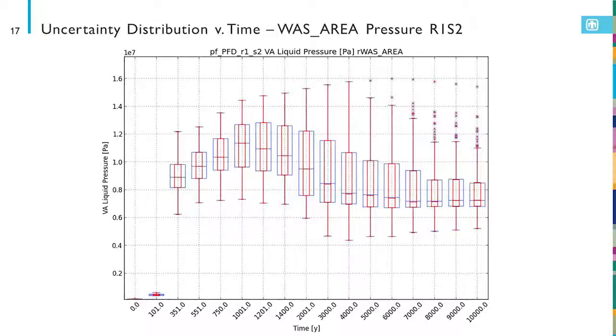The red boxes are PFLOTRAN, the blue boxes are Bragg flow. They're plotted a little bit wider so that you can see both at once. So we have the 25th percentile, the 75th percentile, and the median, and they all fall just about on top of each other. And even out here with the outliers, X's are Bragg flow, pluses are PFLOTRAN, and again, they're all falling right on top of each other.